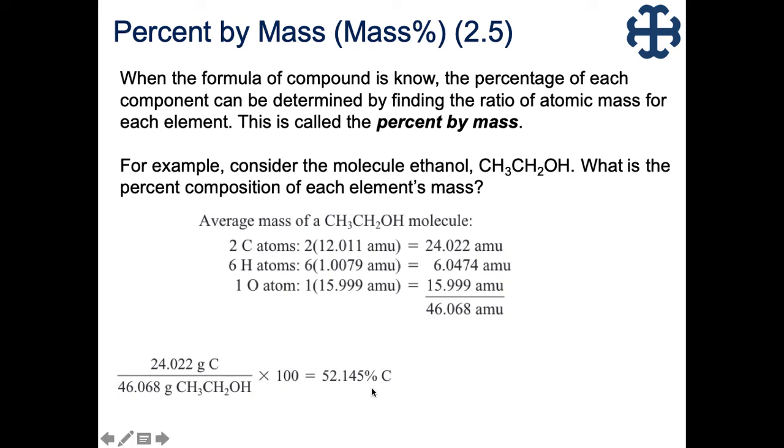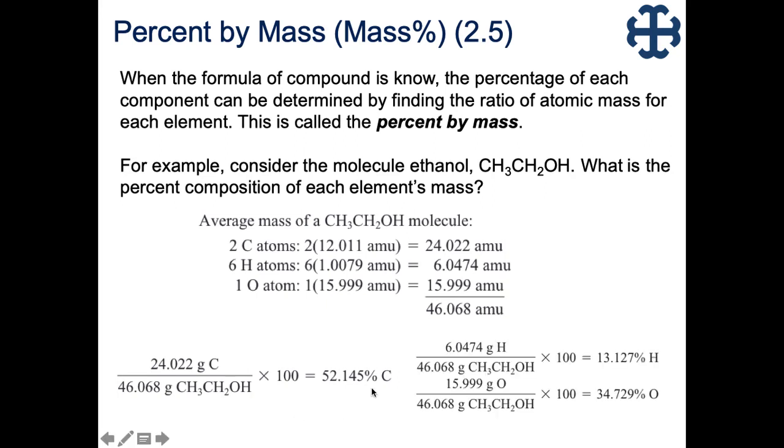That's for carbon. For hydrogen and oxygen, we would do the same thing. We take their total masses, divide the part by the whole, and we end up with 13.127% hydrogen and 34.729% oxygen. Okay, and that would be finding mass percent.